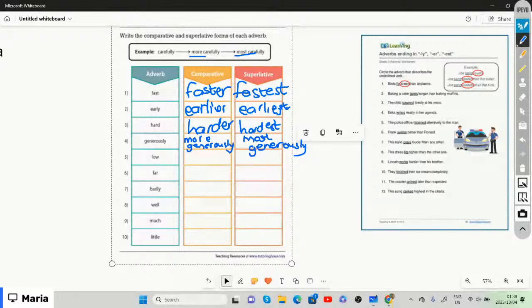And if you look at 5, 6, 7, 8, 9, and 10, can you think of the comparative form for the words low, far, badly, well, much, and little, as well as the superlative form of those words?